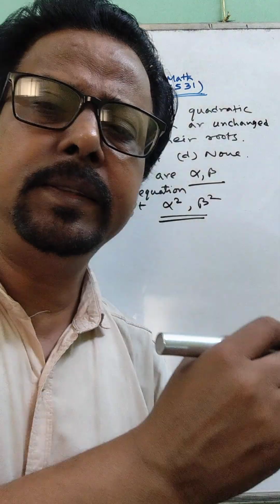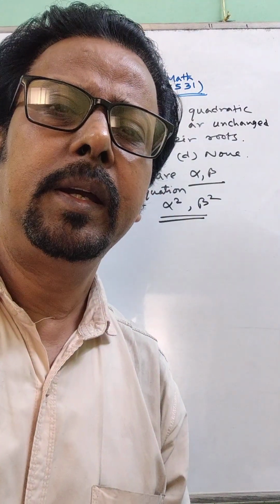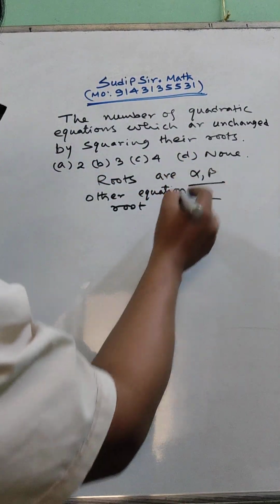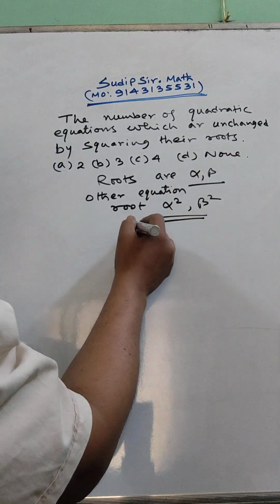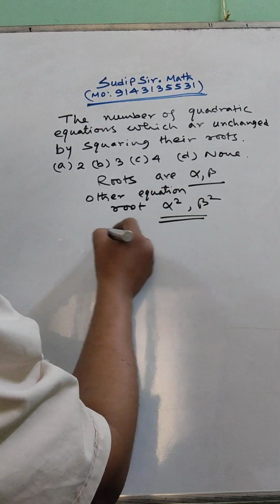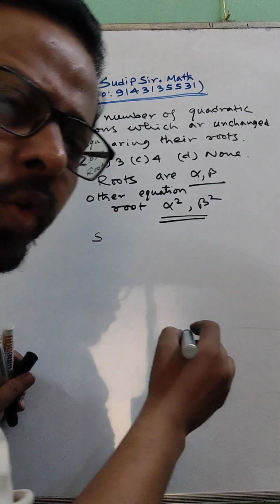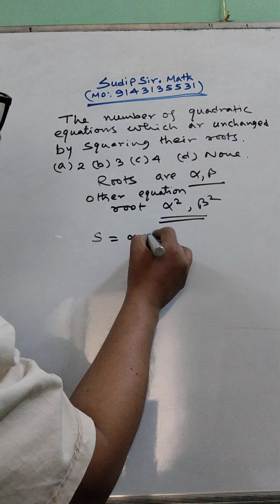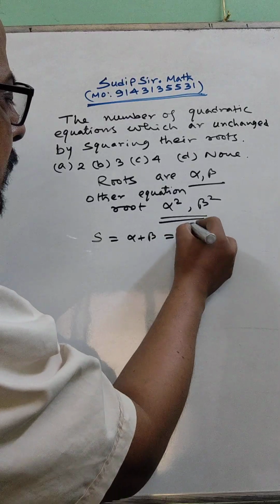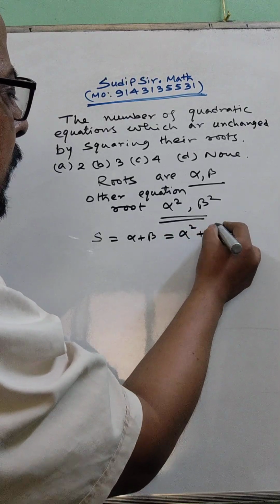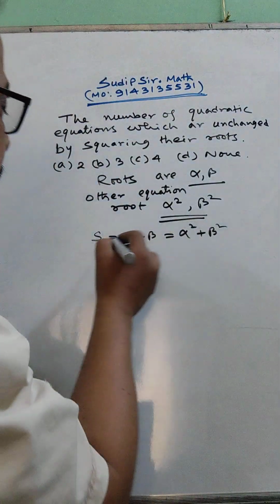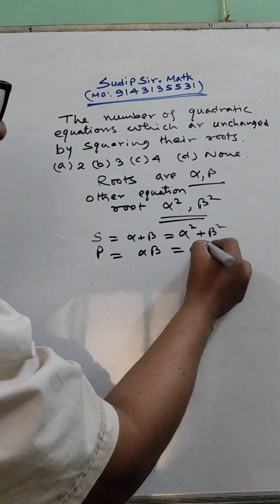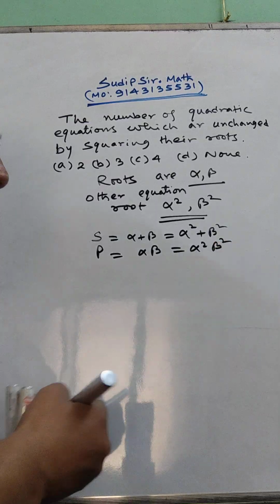Now the condition is, after squaring, the equation will be unchanged. So, for that case, it is clear that the sum of the roots, that is alpha plus beta, will be the same as alpha square plus beta square, and the product of the roots alpha beta will be alpha square beta square.